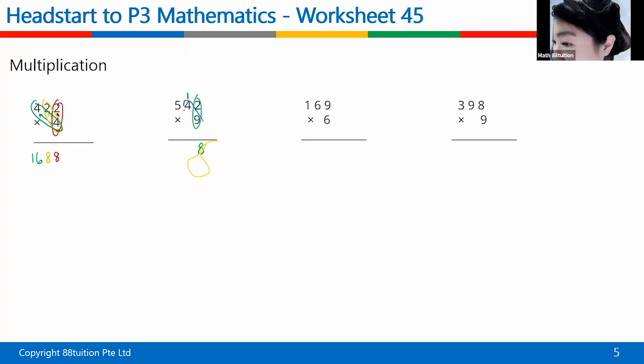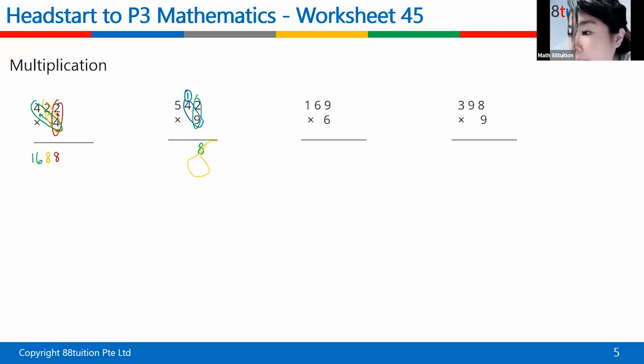What do I get? Take your time, it's okay. Thirty-six. Okay, put the 6 below the 4 and put the 3 on top of the 5.